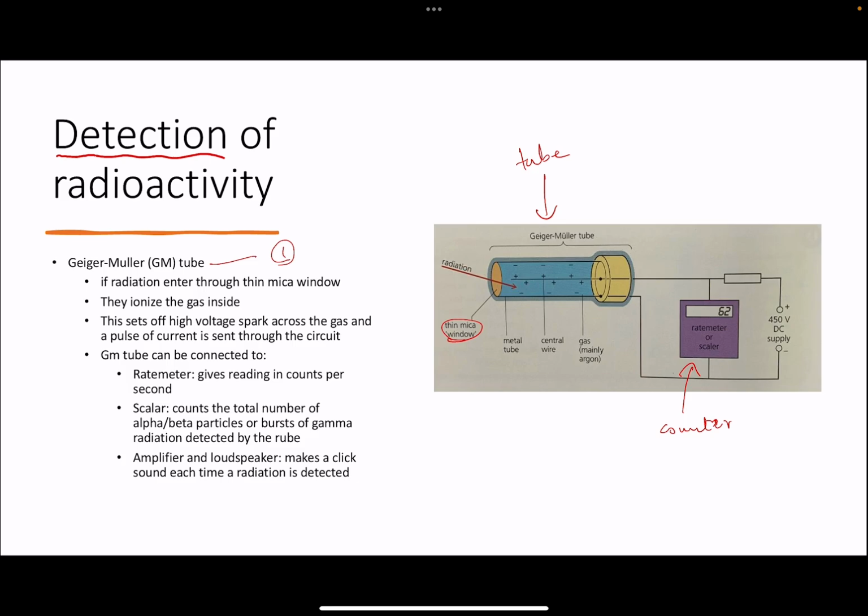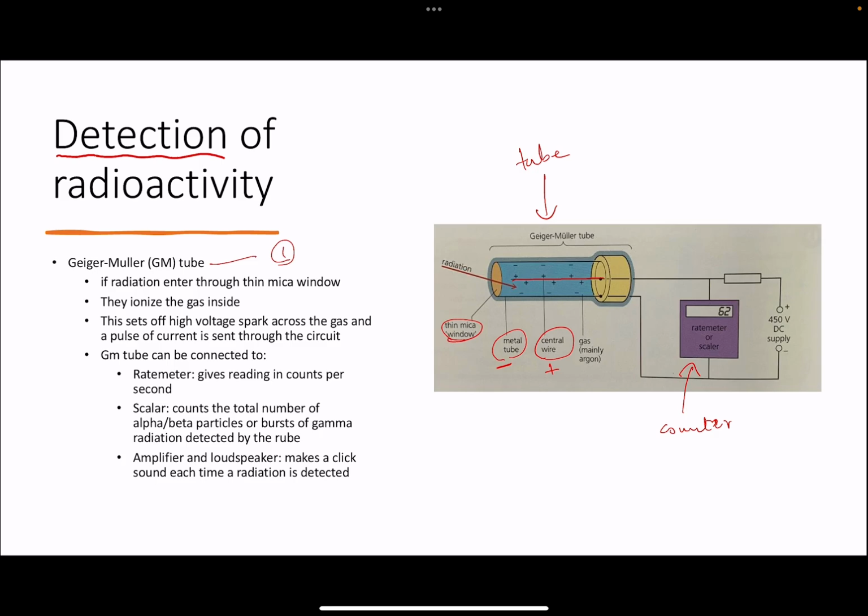Now the metal tube is negatively charged, and the electrode in the center is positively charged. Okay, so the central wire here is positively charged. So we basically have an electric field inside the GM tube. Now what happens is, you know that these radiations are ionizing.